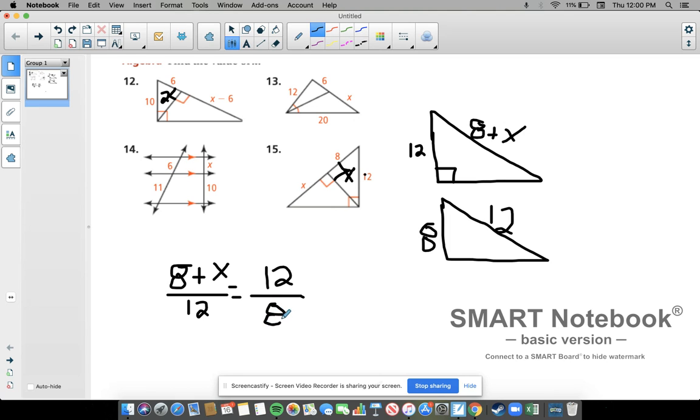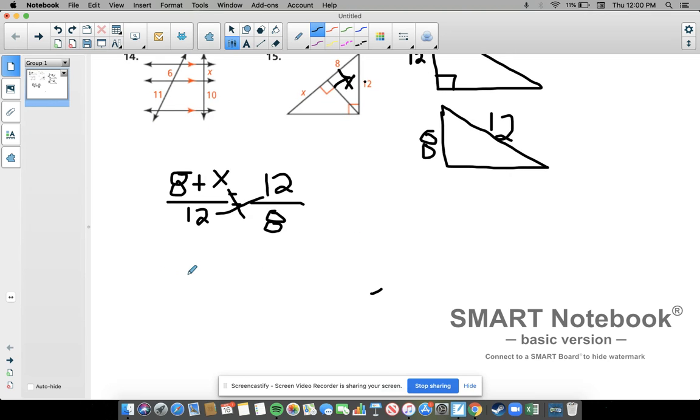Okay. So now the fish method is a little harder because you have junk on top. So I'm actually going to cross multiply here. And what I end up with is 64 plus 8x equals 144.